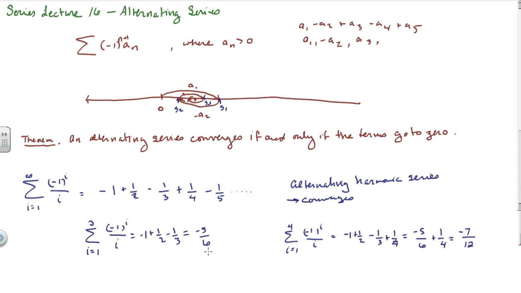So the series converges to something between minus 7/12 and minus 5/6. Okay, that's a good place to stop.